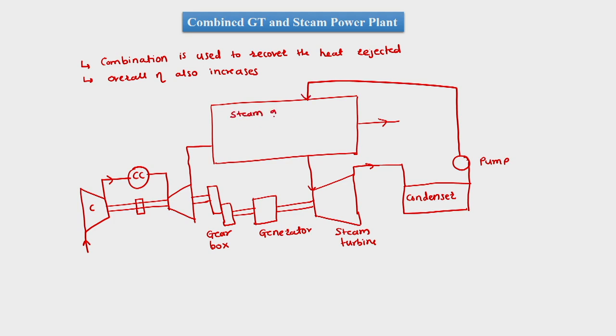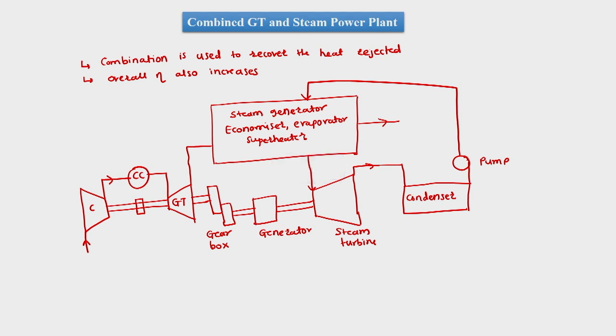This is the steam generator, which has everything, such as economizer, evaporator and maybe a superheater. So this is a general arrangement in the case of a combined steam power and gas power plant.